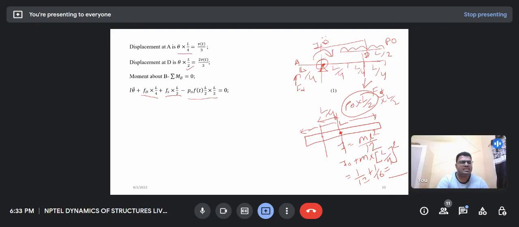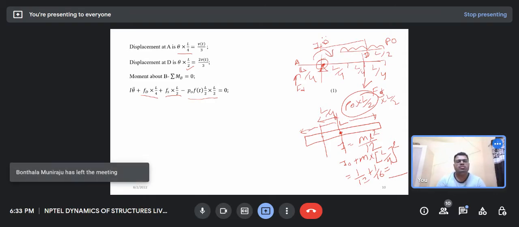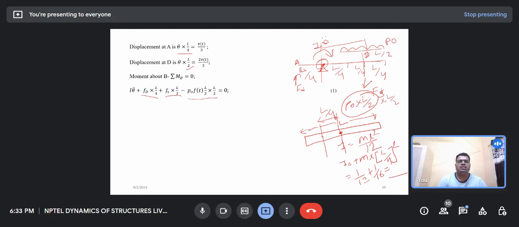Okay, anyone has calculated? These kinds of calculations you have to do in your week one assignment to generate the equation of motion of the systems. There are 2 or 3 examples related to the inertia of the bar.